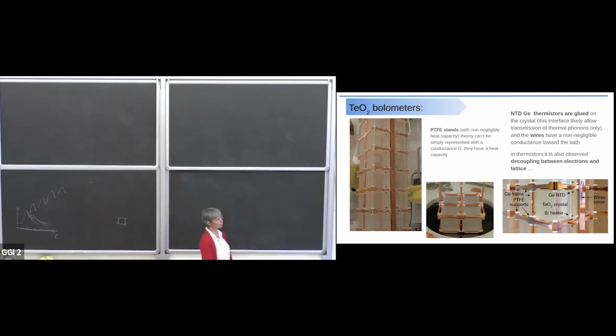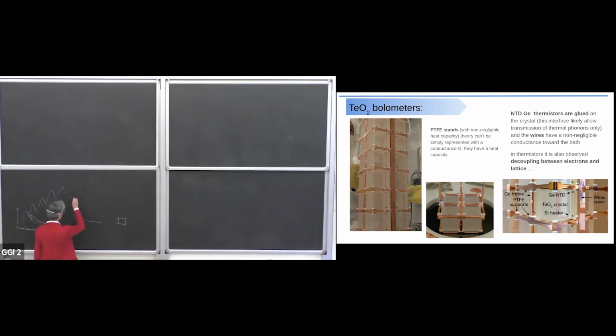We have a mechanical problem: we need to hold the crystal inside this skeleton of copper. And we have a thermal problem: we need to avoid that a too high thermal conductance between the crystal and the holder reduces the amplitude of my signal.